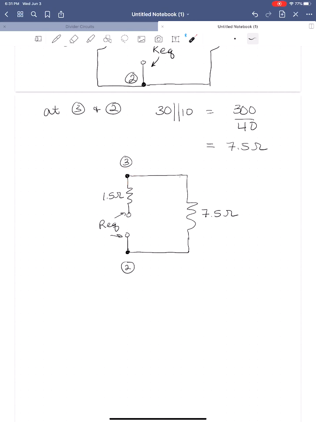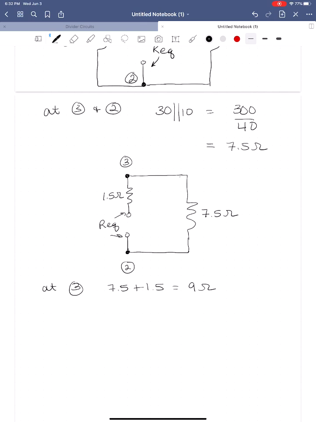And now at node 3, I've got the series connection of 1.5 and 7.5. They are not in parallel because they're not holding hands. They don't share the same 2 nodes. They only share this one. 7.5 is connected here. This one is connected to the open terminal. Okay, so at 3, we have 7.5 plus 1.5, or 9 ohms.